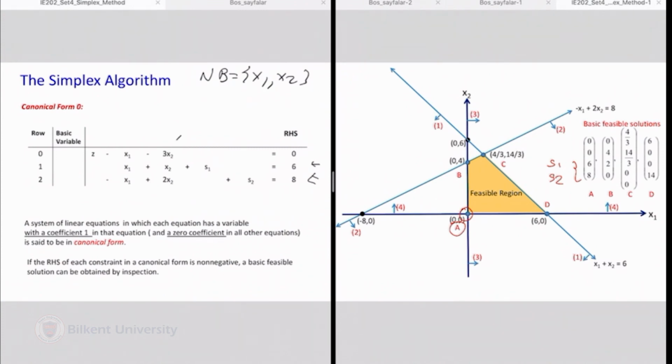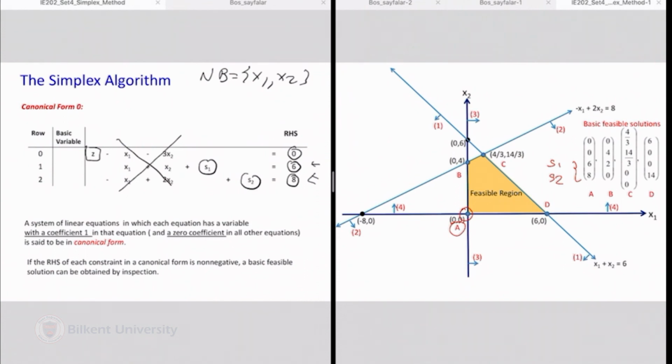If you fix them at 0, in other words, if you kill x1 and x2, you see in this canonical representation that the current objective function value is 0. And you have your first basic variable with value 6, your second basic variable with value 8.